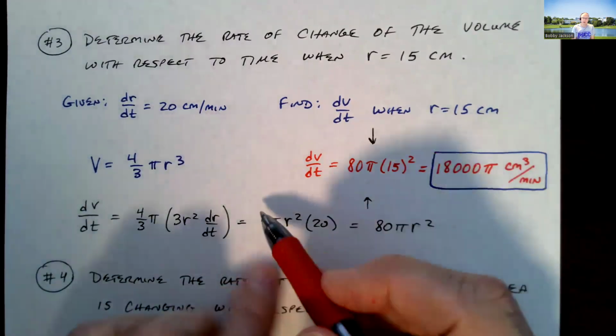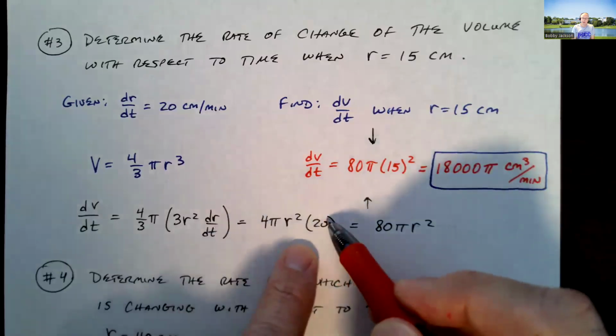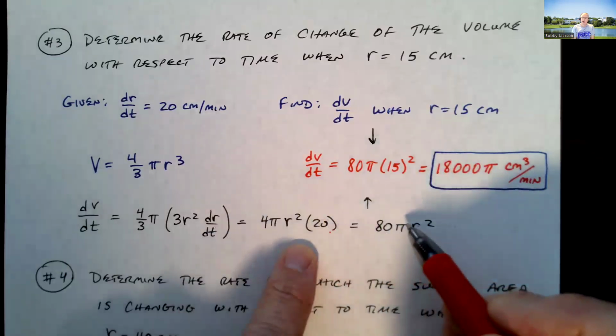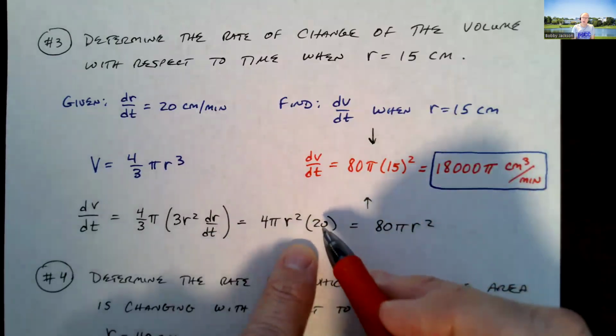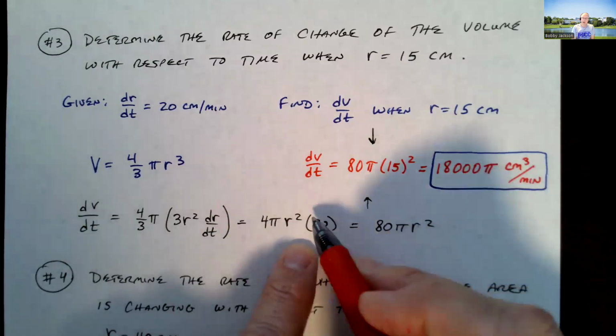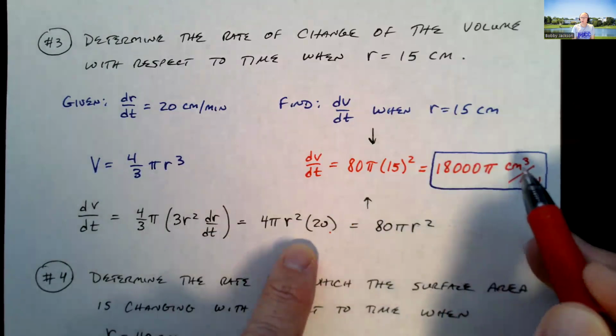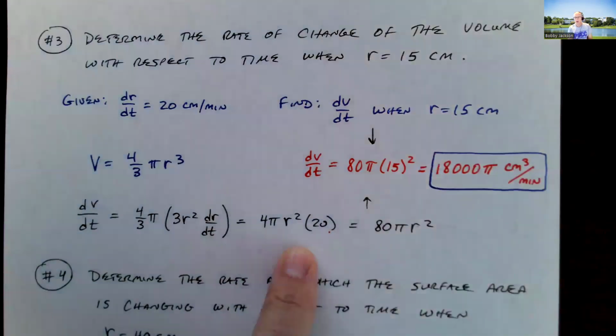You can also get them if you think about the units, because dr dt, this 20 here, is centimeters per minute, and then r that we're plugging in here is centimeters, and I square it. So I've got centimeters per minute times square centimeters. Centimeters times square centimeters gives me cubic centimeters, centimeters cubed. Okay, so hopefully that makes sense.